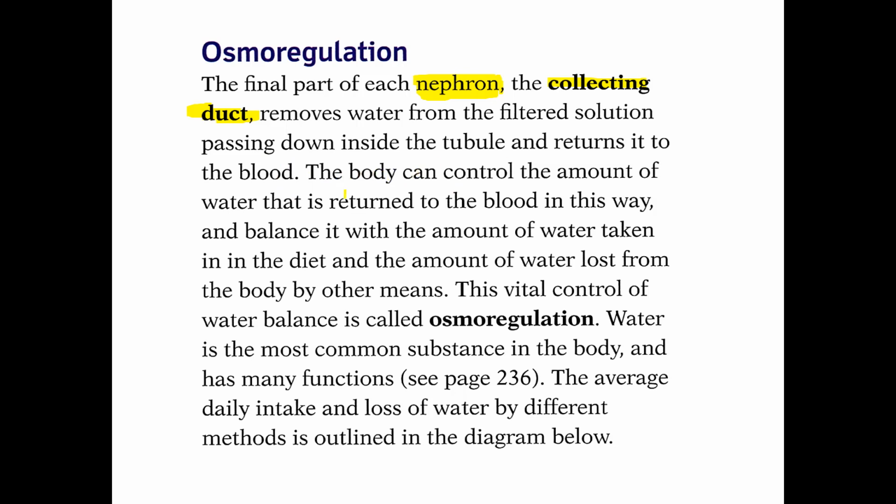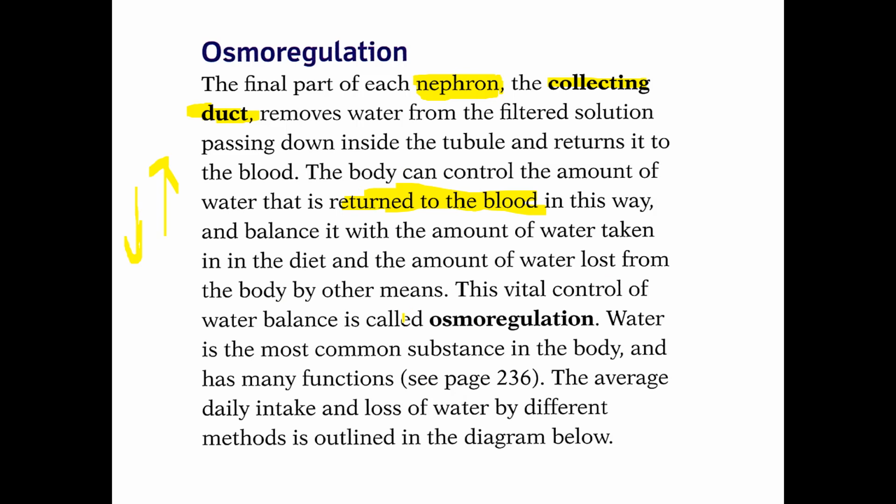The body can control the amount of water returned to the blood through the collecting duct and balance it with the amount of water taken. So we have water taking and water releasing, and here it's balancing the concentration of water.